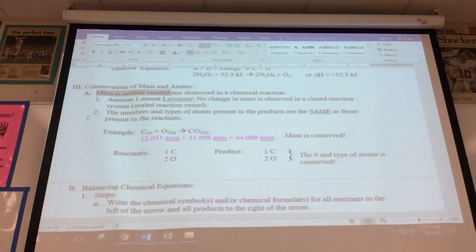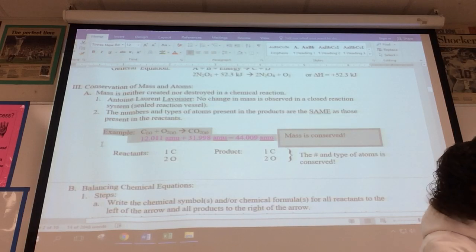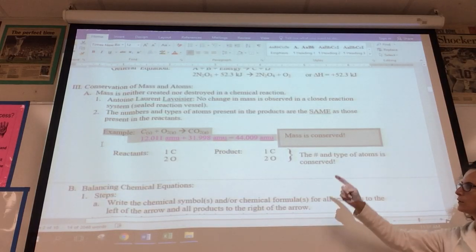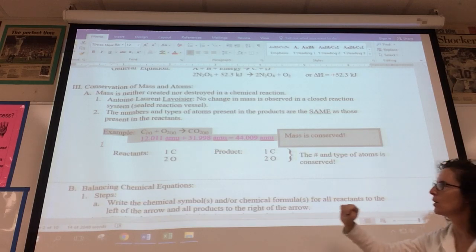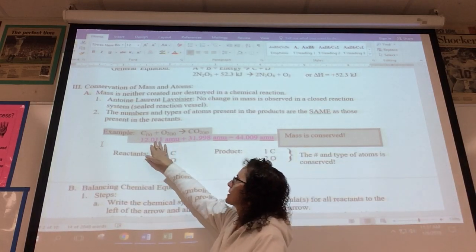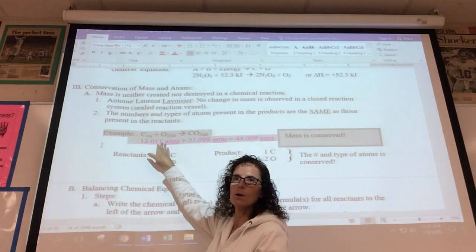And you'll see this, for example, right here, and then I'll go over number 2 that's listed. You can see that mass is conserved. When carbon and oxygen gas react to form carbon dioxide, we can get the atomic masses of the element from the periodic table.